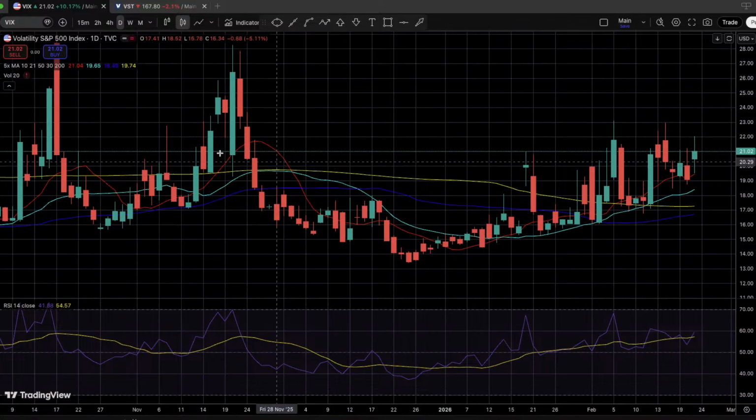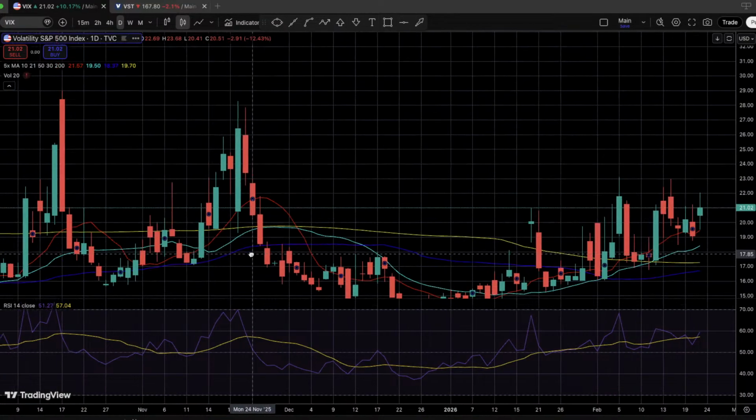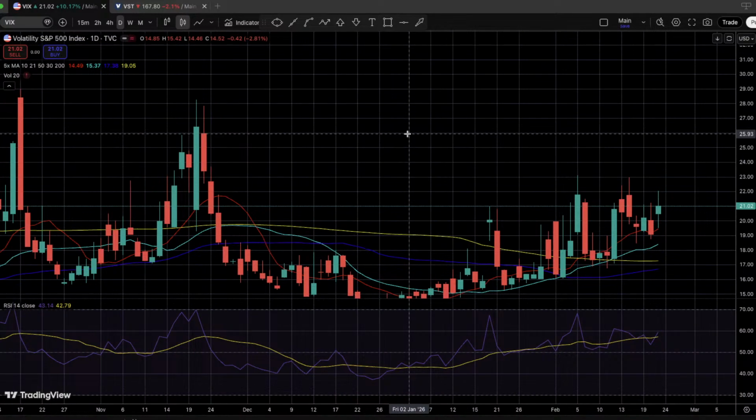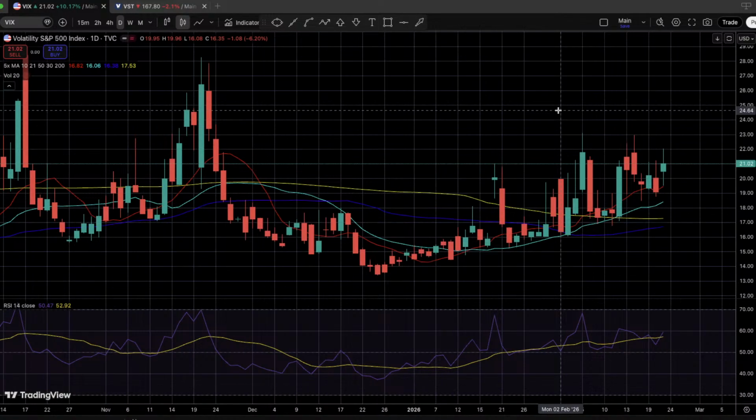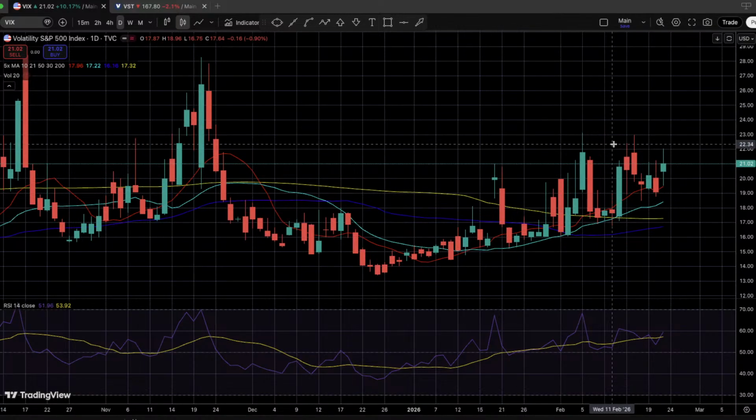So something like what we saw in mid to late November here, or even back in mid to late October. That's kind of what I'm leaning towards. But then again, I also can't forget that the markets can move sideways into the end of time to completely subdue this potential expansion that the market vol could experience.